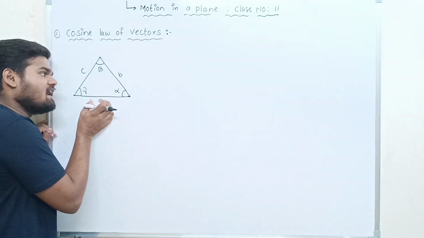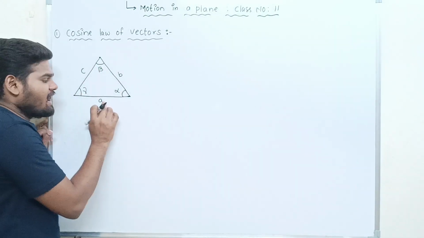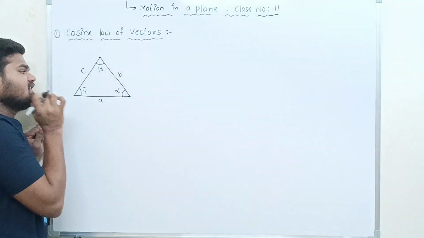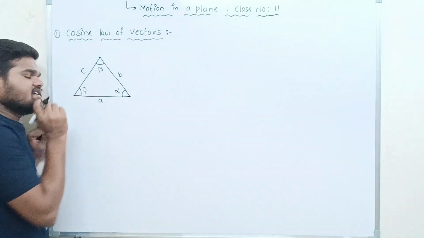The sides of the triangle are a, b, c. The angle between sides a and b is alpha, the angle between sides b and c is beta, and the angle between sides c and a is gamma. Any problem?